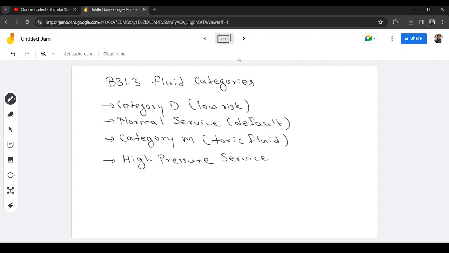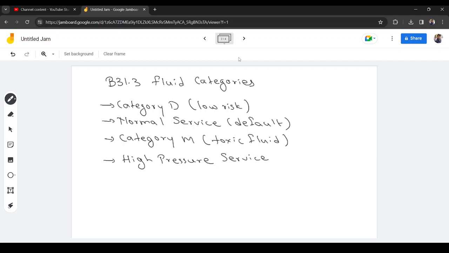In API 570, the classification of the piping system was done on the consequences and the probability of failure. So in API 570, the classification is done something like class 1, class 2, class 3, and class 4, where class 1 is very risky, it has a higher probability of failure and higher consequence of failure, whereas class 4 is generally considered to be non-toxic and non-flammable services.